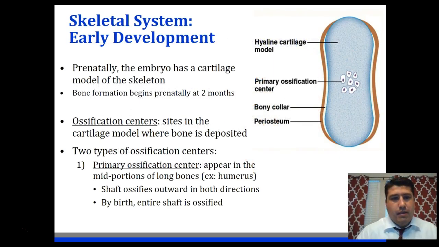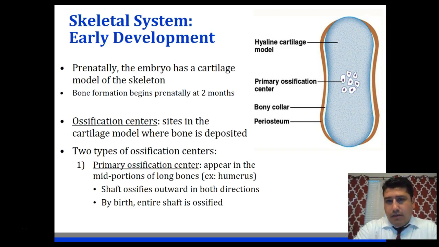Upon development, our skeletal system actually starts off as a cartilaginous model. So whenever we're conceived, the embryo and the fetus begin forming. Eventually, cells differentiate to form a system of skeletal cells.